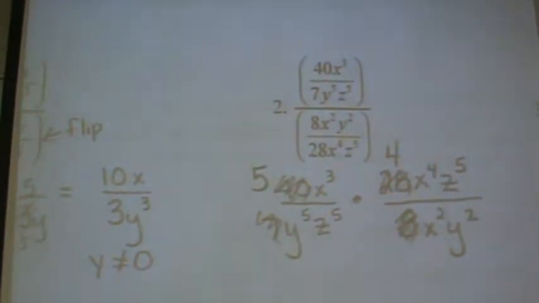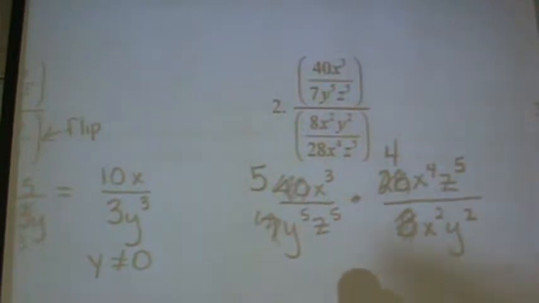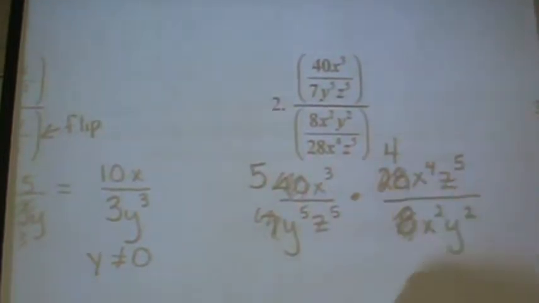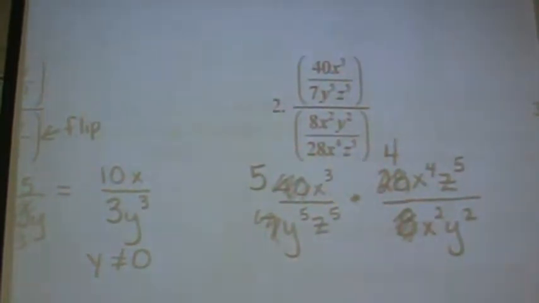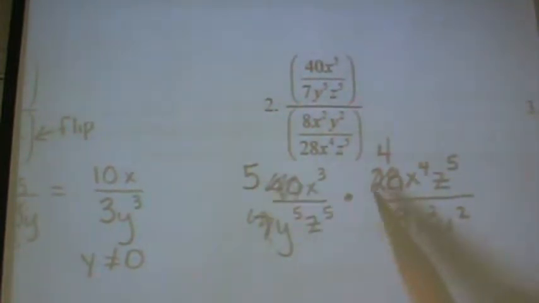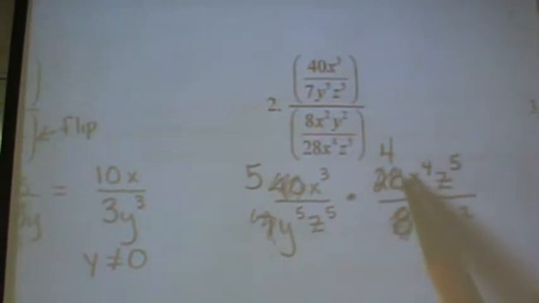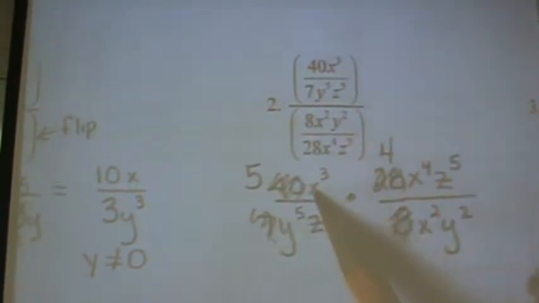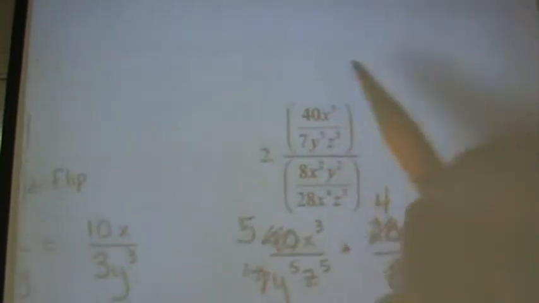Now, let's look, what 3 letters are we dealing with? Y, Z, and X. Let's alphabetize. What comes first? X. How many X's do you have total in the numerator? 7. You have 7 X's on top.